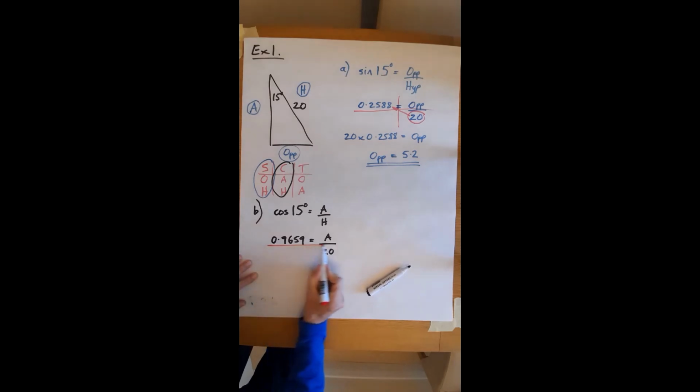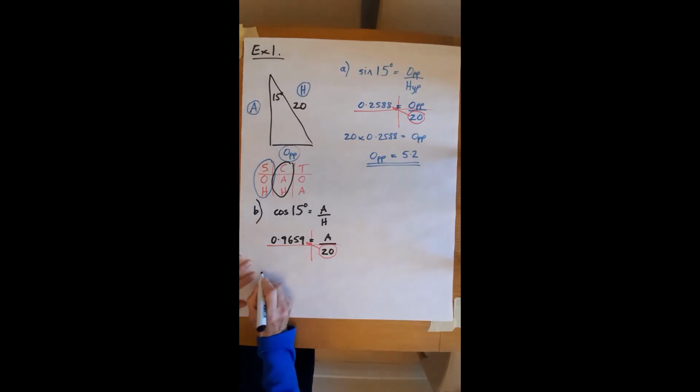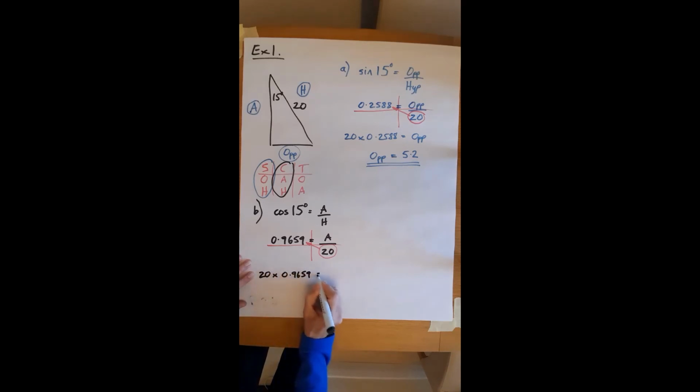So this goes up there to multiply. So that's 20 times 0.9659 is the adjacent. The adjacent equals 19.3.